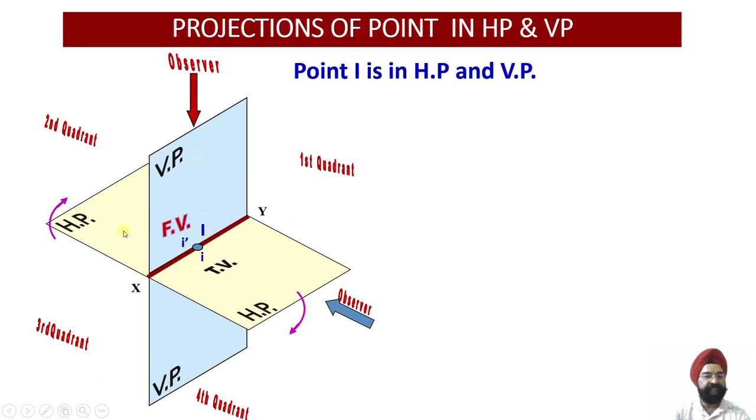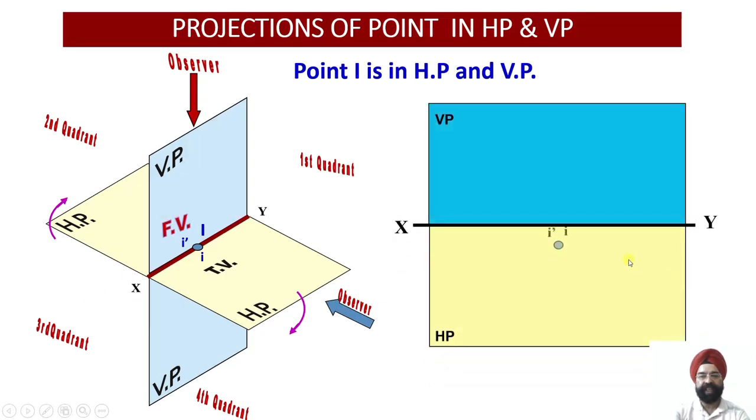And in which quadrant does this point lie? Because it lies on HP and VP, it will lie in all the four quadrants. So just see, you have the point there on the XY line, the projections, the front view and the top view, both of them will lie on XY and they will both coincide. And quadrants, they are first, second, third and fourth.